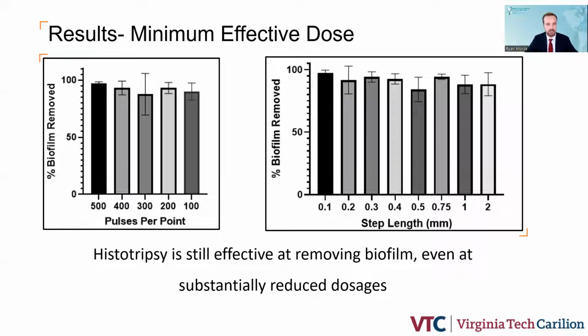Our next experiment, we looked at increasing the step length to see if there was any reduction in biofilm removal efficacy. And once again, by increasing from the step size seen in Childers et al. all the way out to 2 millimeters, we saw no reduction in efficacy. So even at these substantially reduced doses, histotripsy is still effective at removing biofilm.